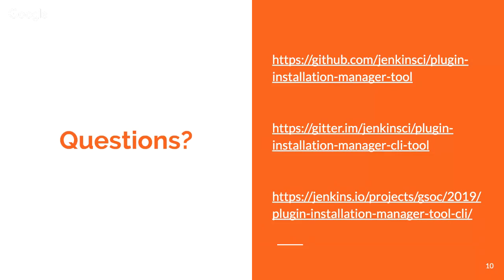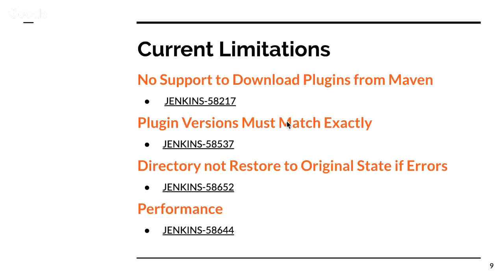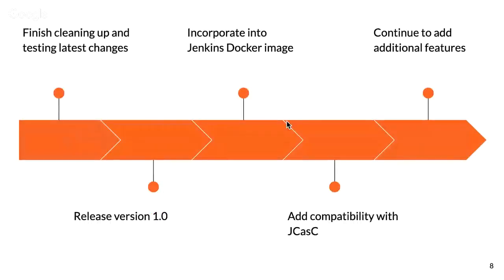I have one question. On the slide before, you mentioned compatibility with JCasC. Do you mean compatibility with JCasC or integration with JCasC? It technically wouldn't be a full integration, but I guess it depends on how you define it.